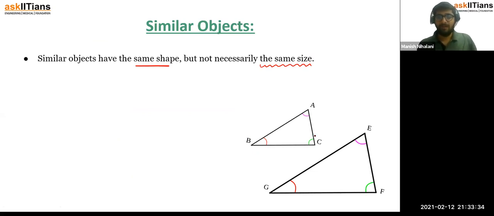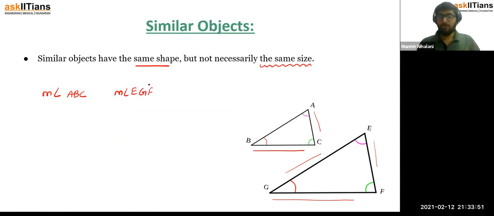If you look at these two triangles, triangle ABC and triangle GEF, you can see that measure of angle ABC and measure of angle EGF are both equal.